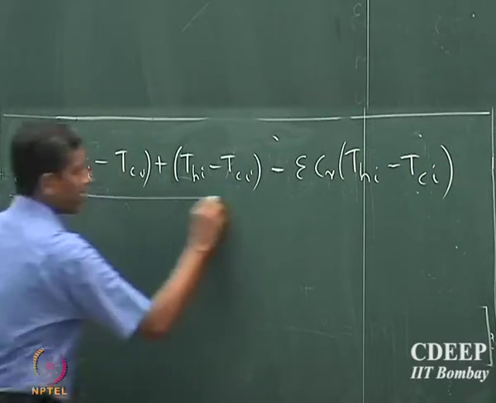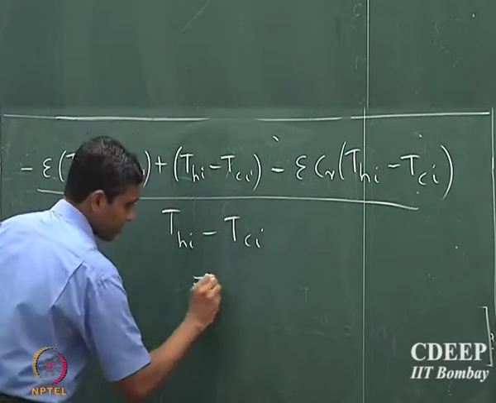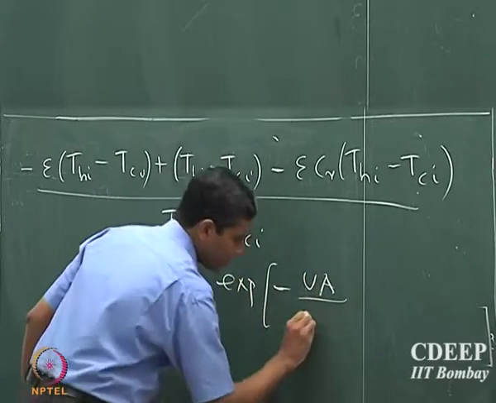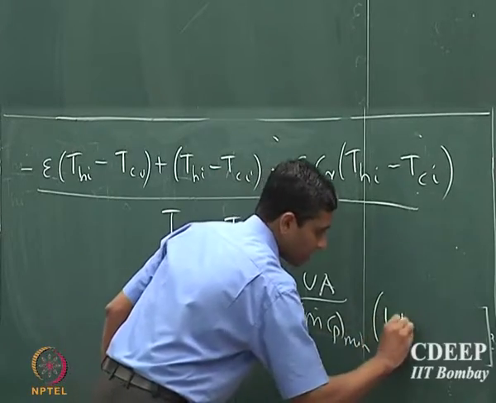Okay, that divided by Thi minus Tci, that should be equal to exponential of minus UA by m dot Cp min into 1 plus Cr.